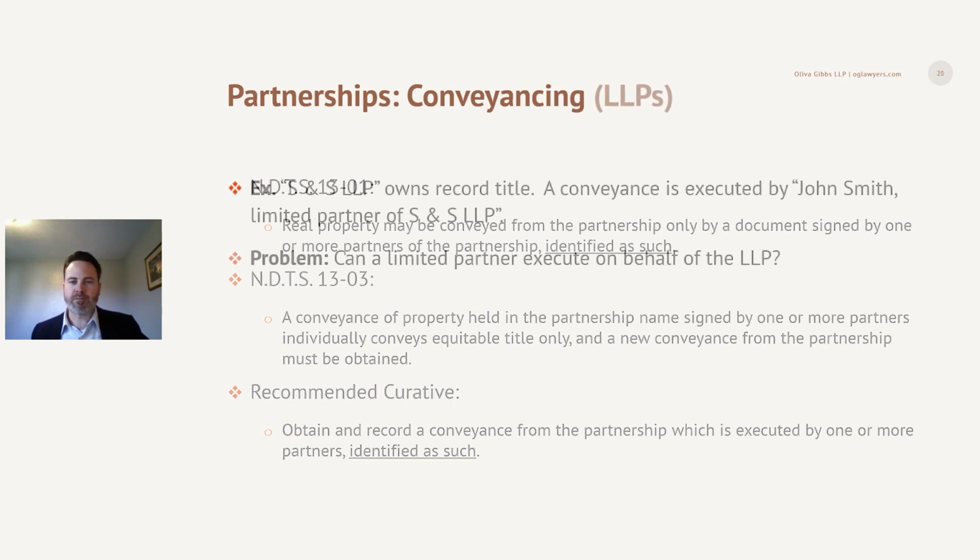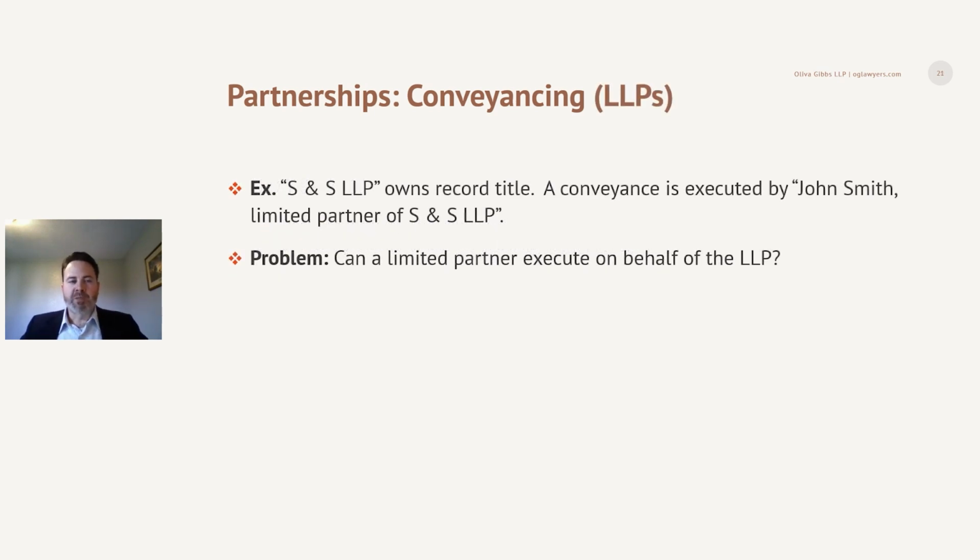So instead of a partnership this time, let's assume that S&S is a limited liability partnership. In this case, after hearing what we said in the last slide, John Smith signs his name as limited partner of S&S LLP. So will this be sufficient?